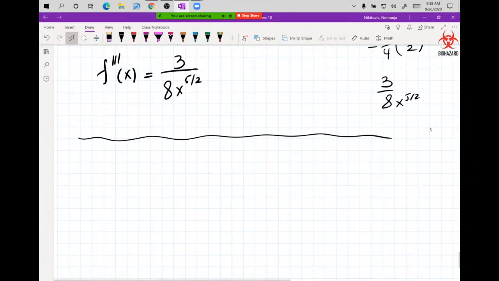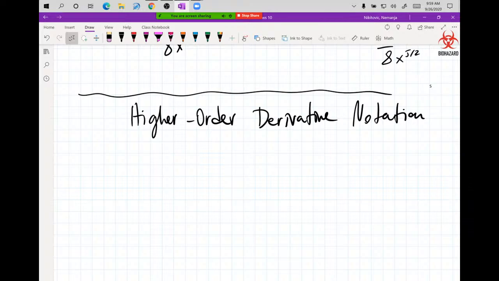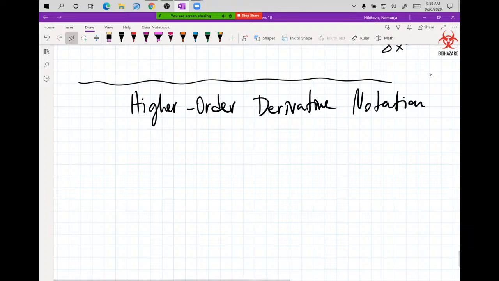So let's just quickly talk about higher order derivative notation. So we have, again, two worlds.